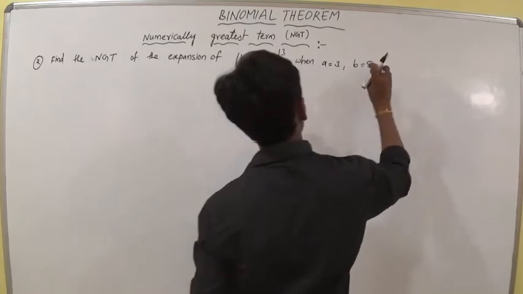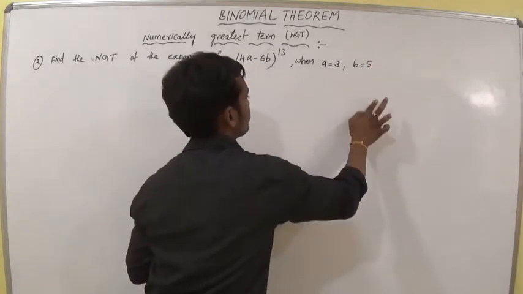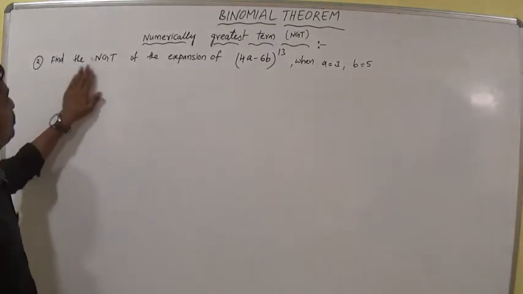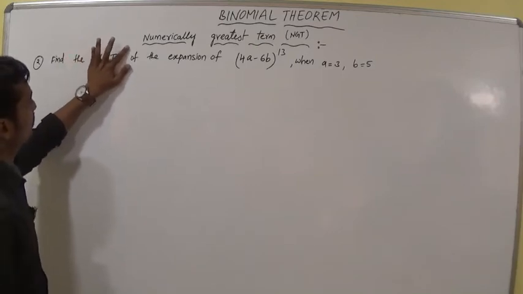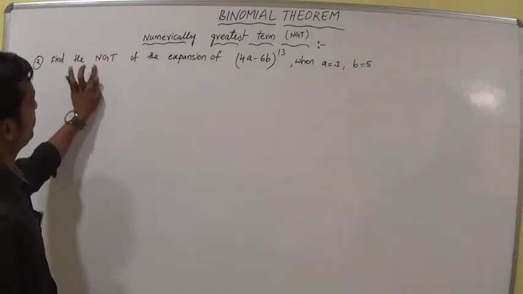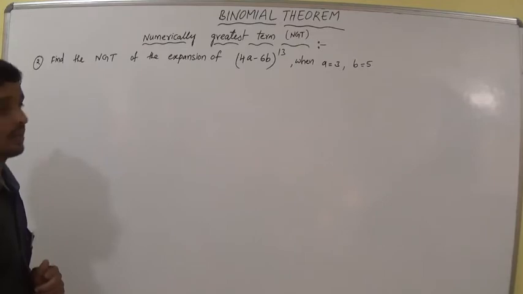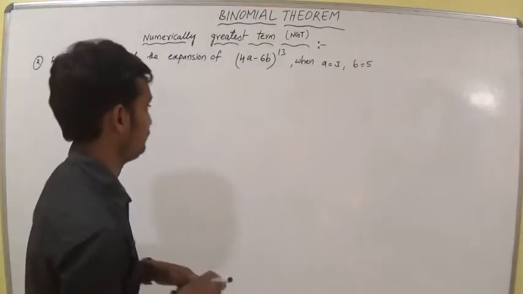This is the problem we will discuss. So, find the numerically greatest term of the expansion of (4a minus 6b) whole power 13 when a is equal to 3 and b is equal to 5. We will see the problem.